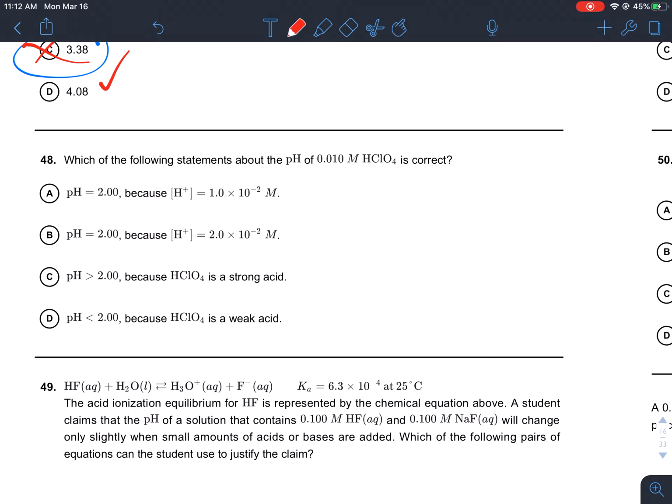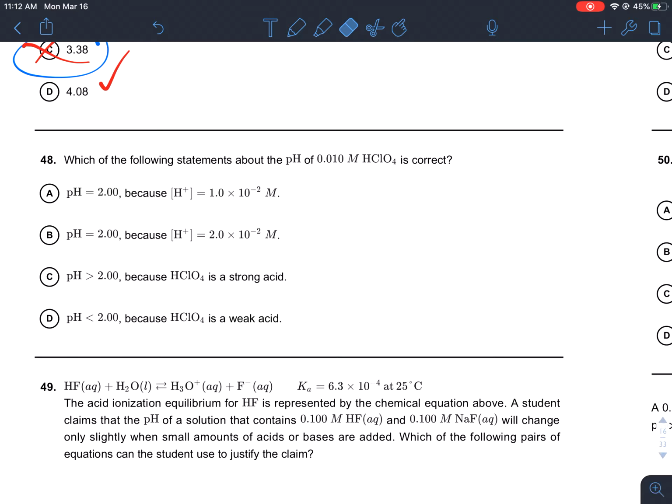Which of the following statements about the pH of 0.10 molar of a strong acid is correct? Okay. Your pH, okay, so your concentration of your H plus is equal to 10 to the negative pH. Oh, shoot, what am I doing?